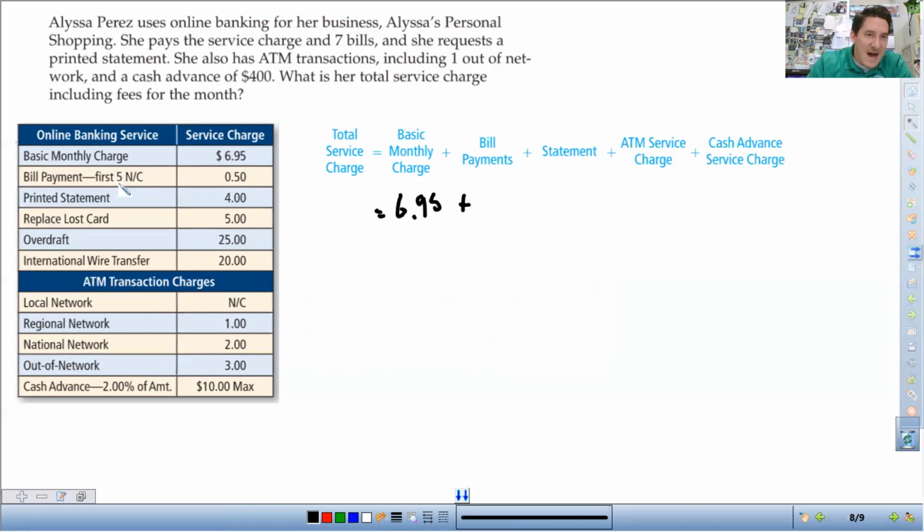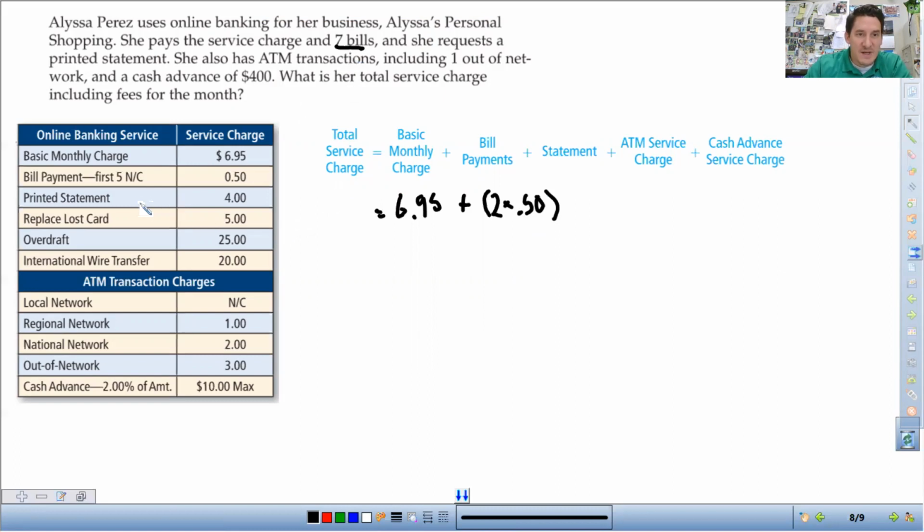The first 5 are no charge, meaning for the first 5 bills, there's no charge. So if you pay 5 or fewer bills during the month, there's no charge for that. She paid 7 bills. All right. So her bill payments are going to be 2 times the 50 cents per bill, because she did more than 5, so it's 50 cents per bill over 5.